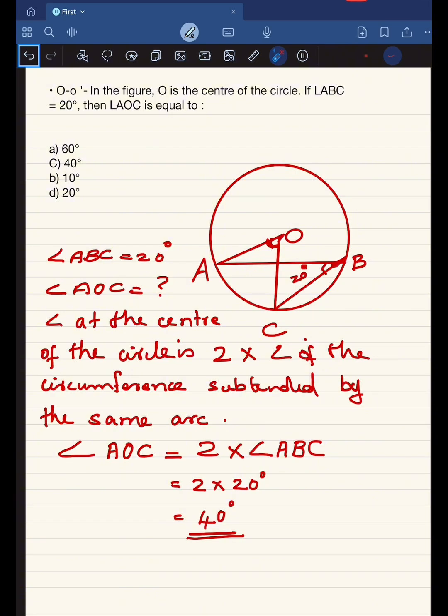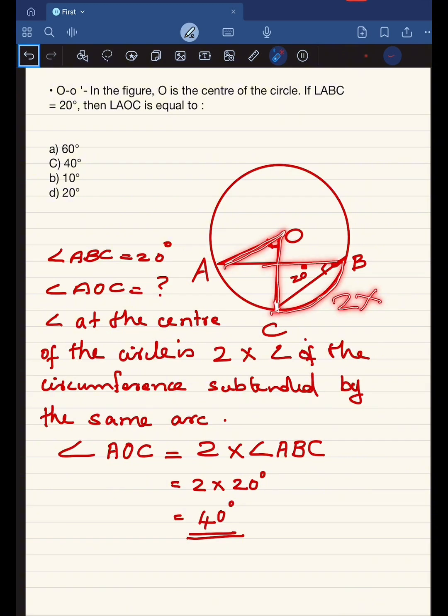Angle at the center of the circle is twice the angle at the circumference subtended by the same arc. Here, the angle at the center of the circle, this angle, is twice what? This is the circle.